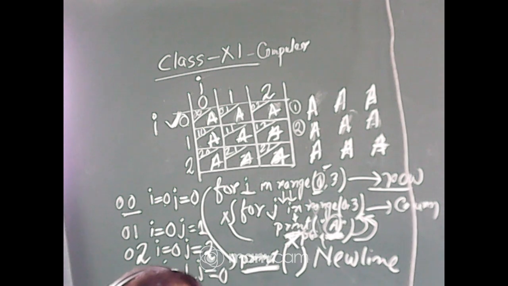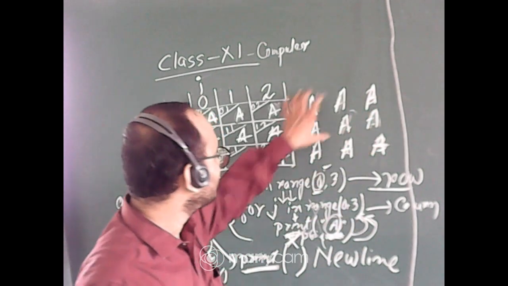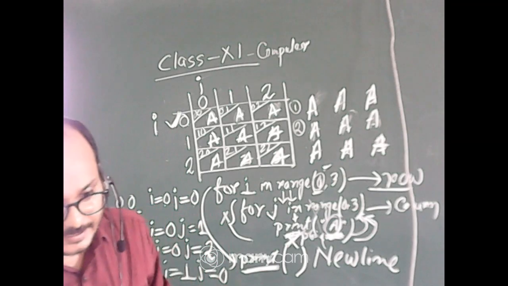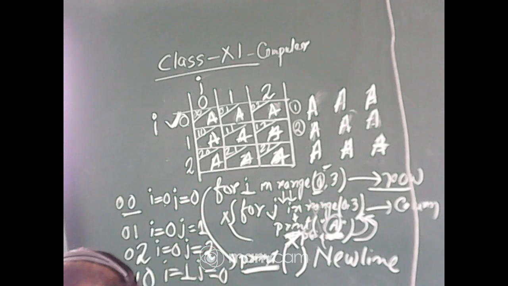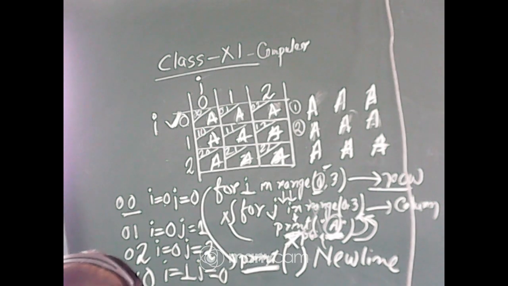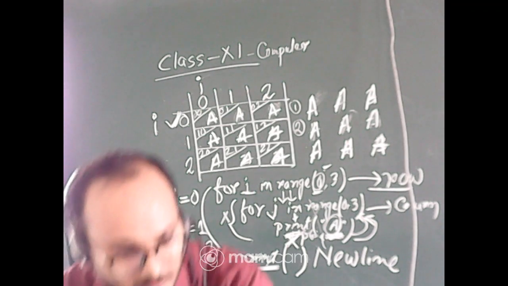Look at that output. Here is a new line A, like that. But this is not like this. Look at A, A, A, A, sorry, A. Not like this.